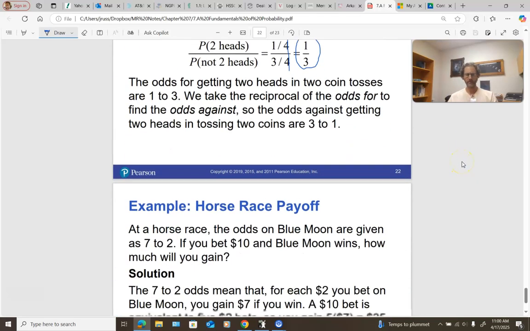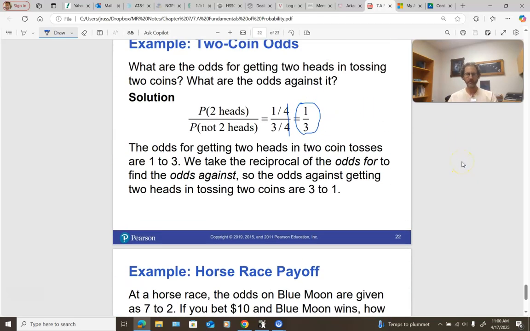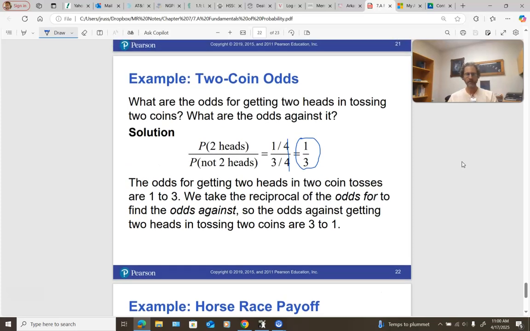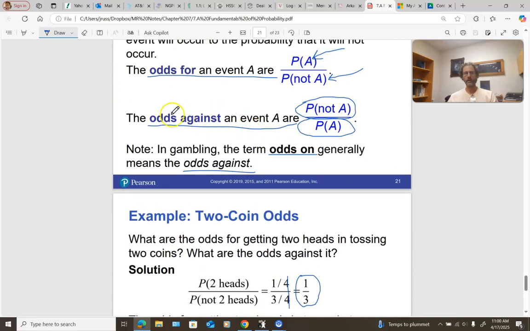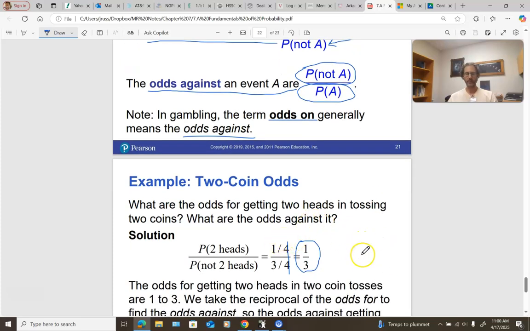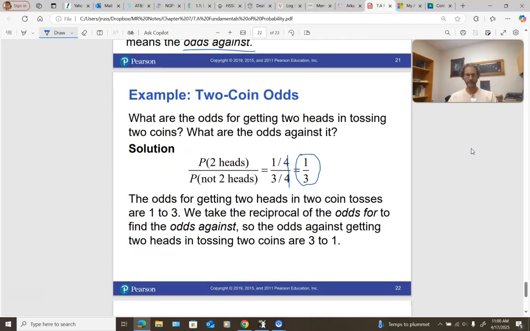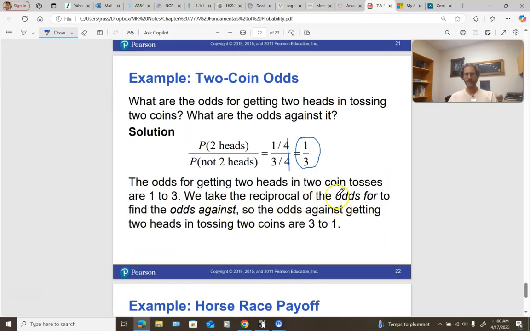Well, so, you know, the odds against getting 2 heads would be just the opposite here. It would be 3 over 1, because it would be 3/4 over 1/4, or 3 to 1. We'd say the odds against getting 2 heads are 3 to 1. Yeah, and it says that right here.